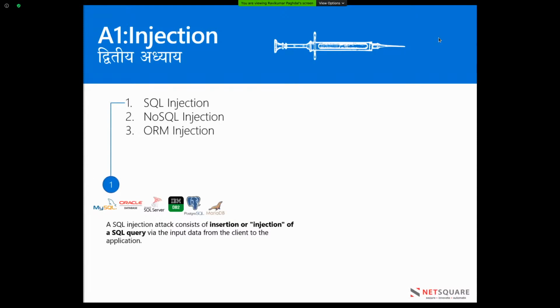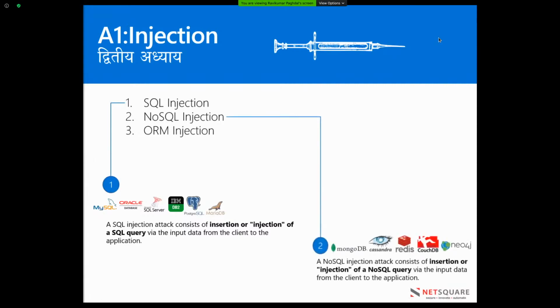There are many RDBMS databases like MySQL, Oracle, MS SQL, IBM DB2, Postgres, and MariaDB. With NoSQL injection, whenever your injected parameter is involved in NoSQL queries, you will definitely find NoSQL injection there. You can find databases like MongoDB, Cassandra, Redis, and CouchDB. There are 200 plus databases in NoSQL.